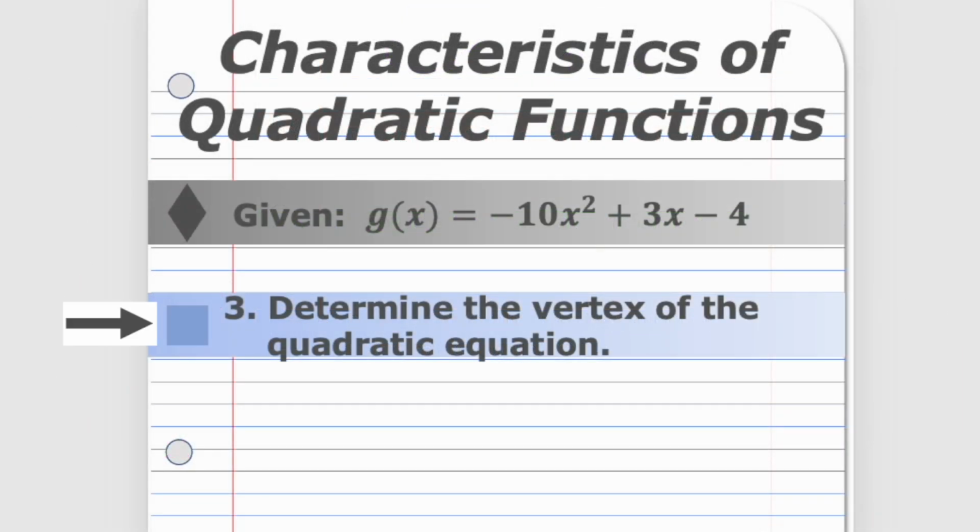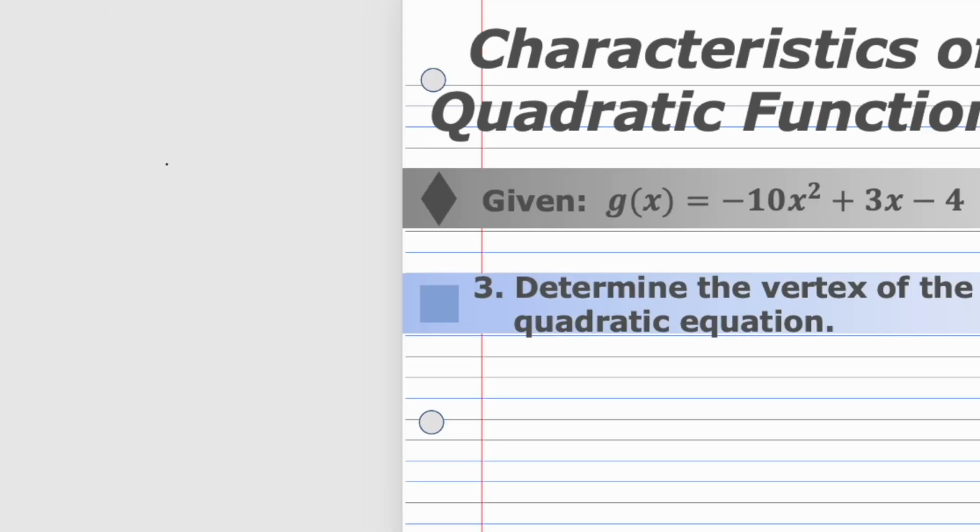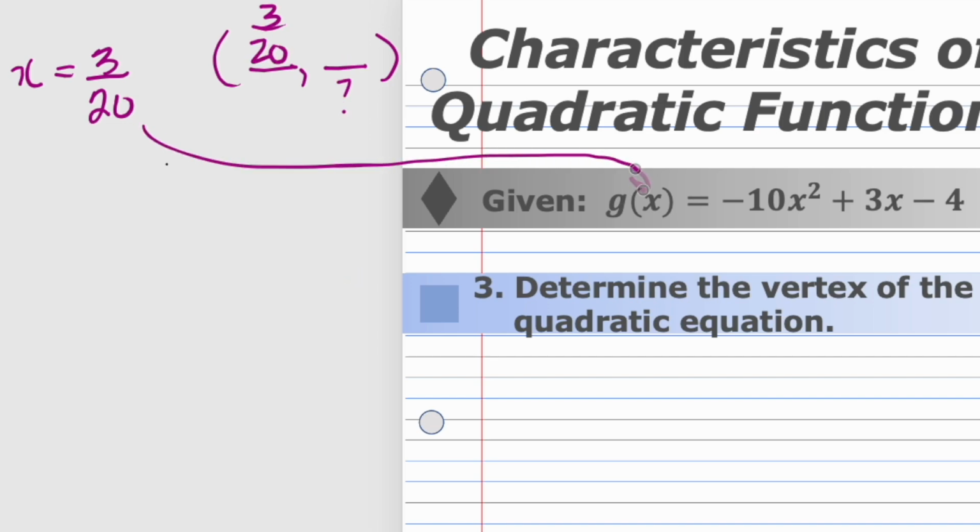Last question, number 3, determine the vertex of the quadratic equation. In 2, we already found out that the x value in the vertex was 3 over 20. Now we're looking for the y value. All we need to do then is substitute the 3 over 20 in the equation.